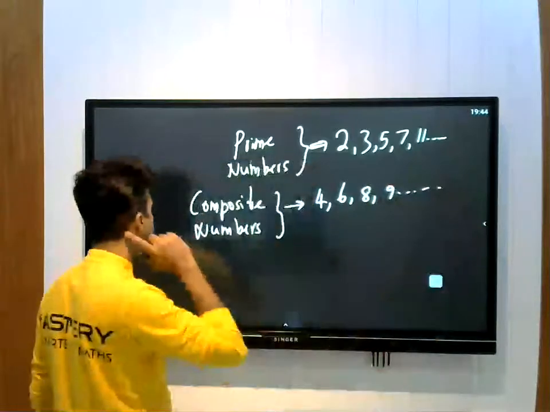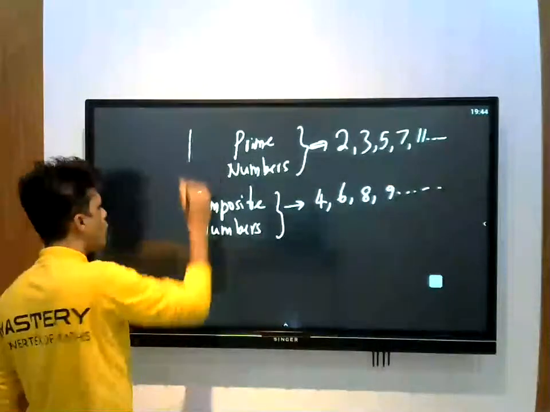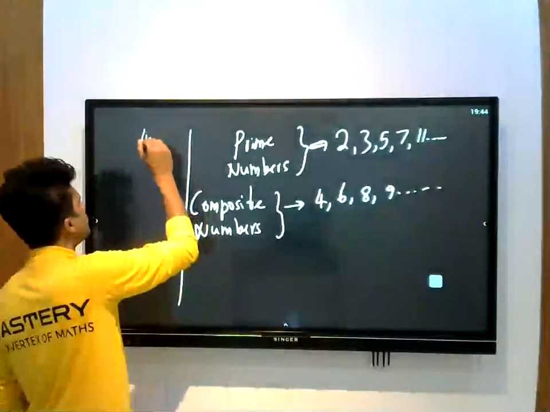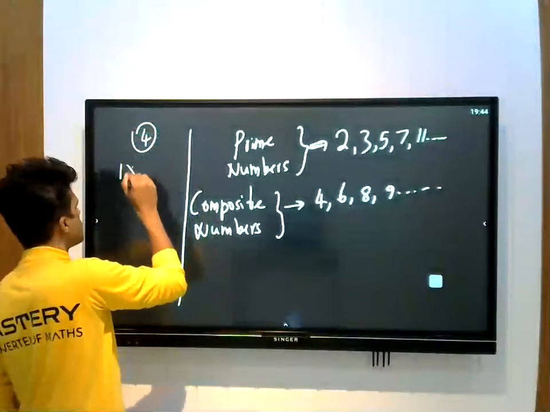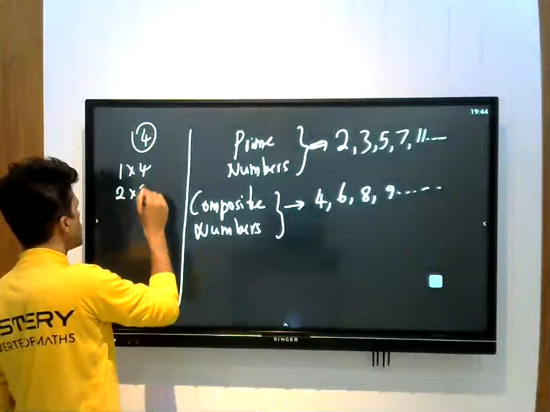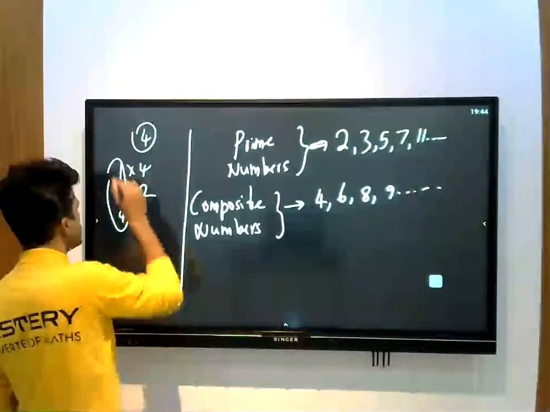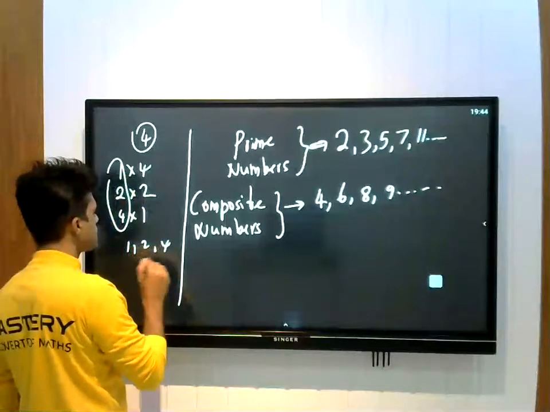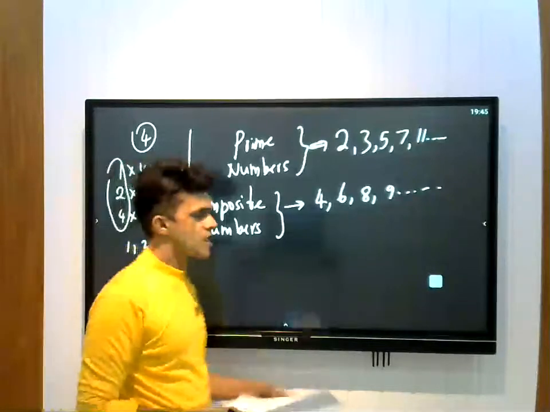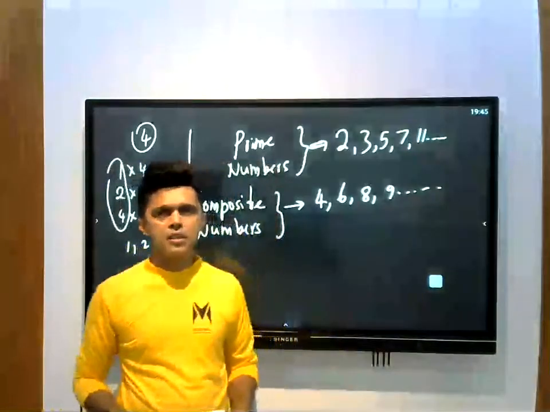Take 4: 1 times 4 is 4, 2 times 2 is 4, 4 times 1 is 4. There are three factors of 4, which means composite numbers have more than two factors.